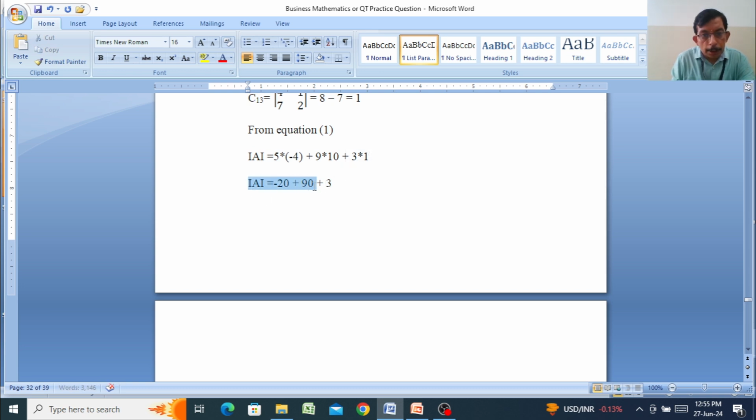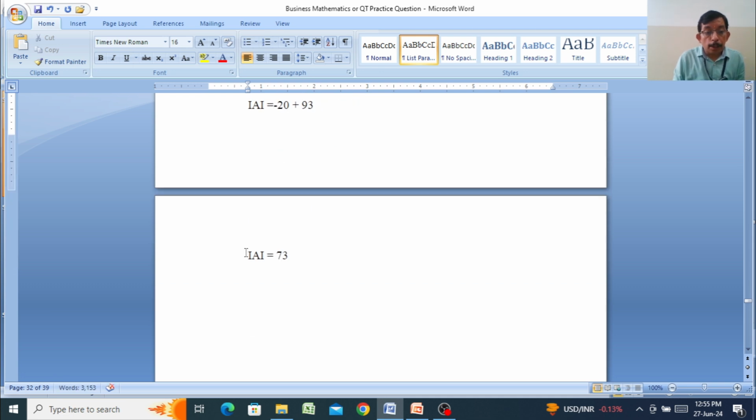The value is 93. 90 plus 3 is 93. 93 minus 20 is 73. This is the value of the determinant of A of 3 by 3 order.